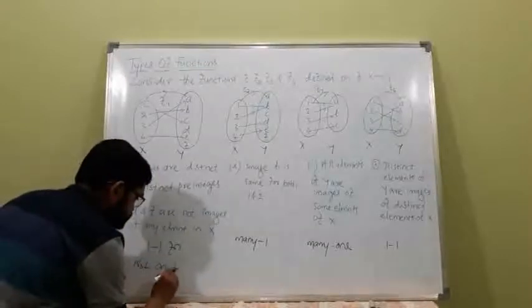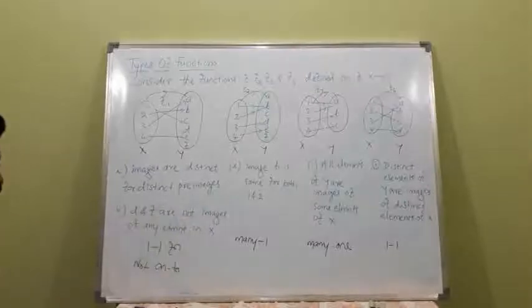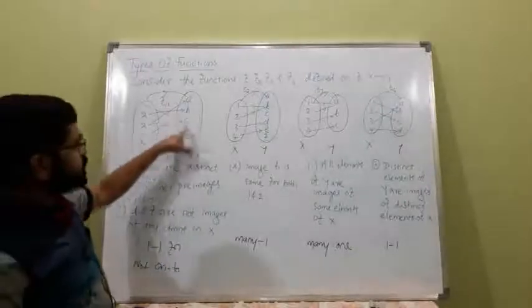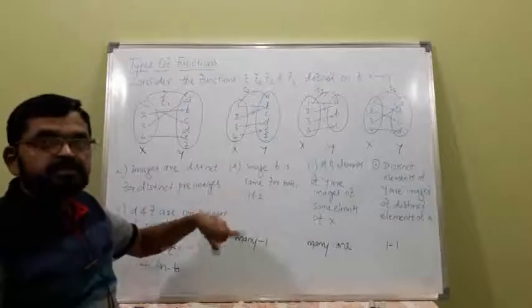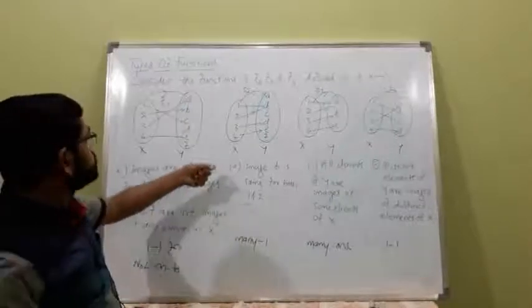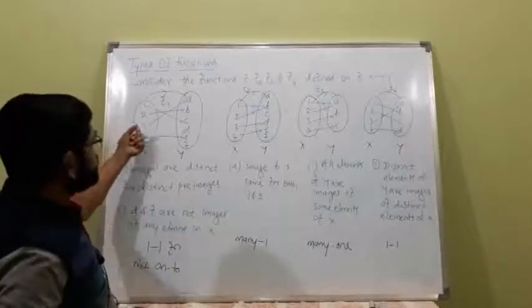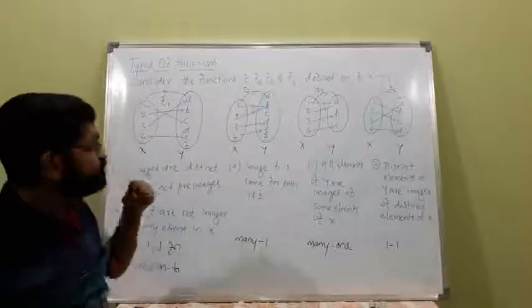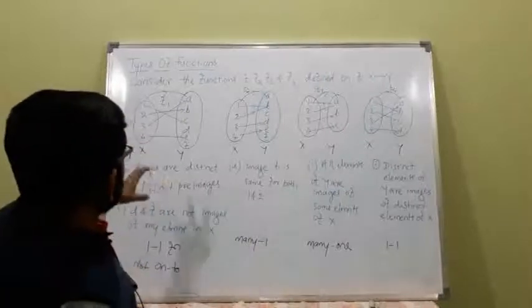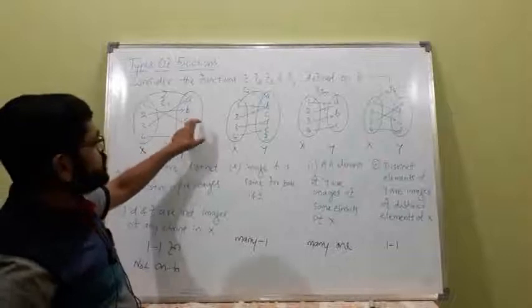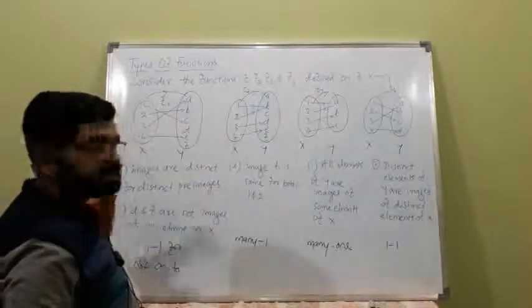For a function to be onto, each and every element of the codomain should have a corresponding element in the domain, or each element of the codomain should be an image of the domain.